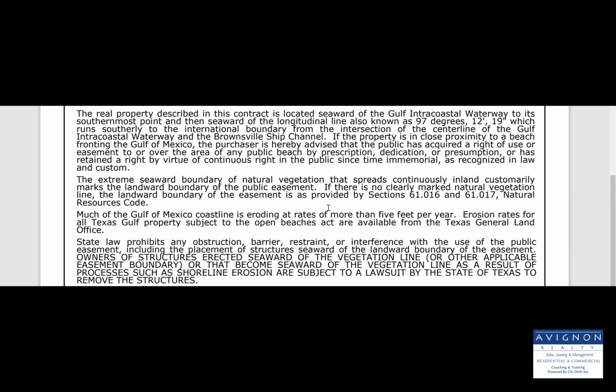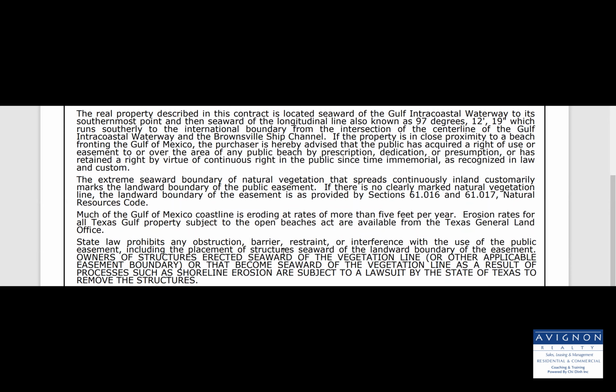If there's no clearly marked natural vegetation line, the landward boundary of the easement is as provided by Sections 61.016 and 61.017, Natural Resources Code. Much of the Gulf of Mexico coastline is eroding at rates of more than 5 feet per year.